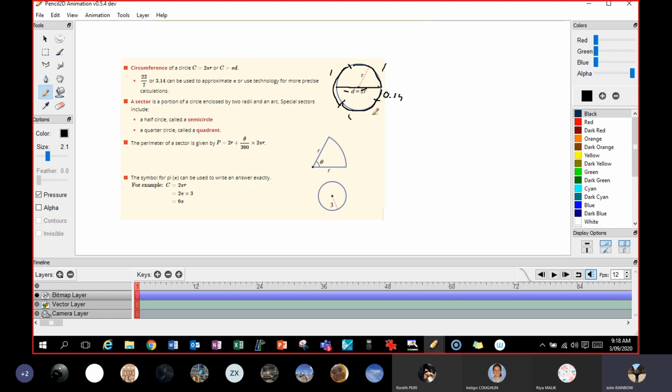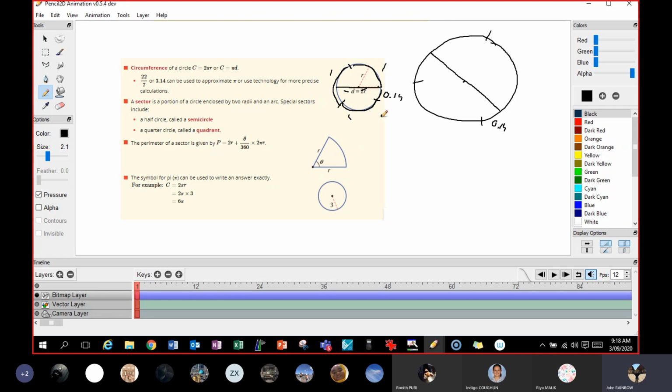So if you look at any circle, doesn't matter how big it is, and you take the diameter, you'll still find that 1, 2, 3.14 pretty much will fit around there.